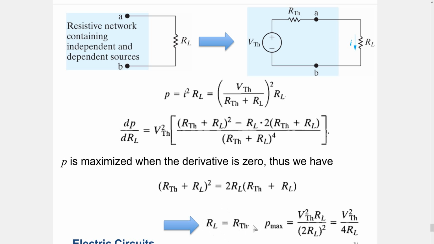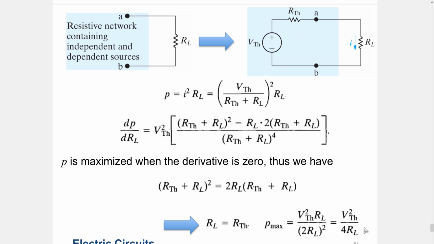Interesting, right? What we see here is that in order to transfer maximum power to a load, the value of the load should be equal to the Thevenin equivalent resistance of that circuit. And in that particular case, the maximum amount of power that can be delivered to a load is given by VTH squared times RL over 2RL squared, which will give me VTH squared over 4RL.